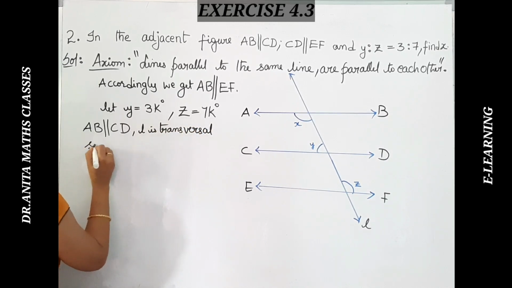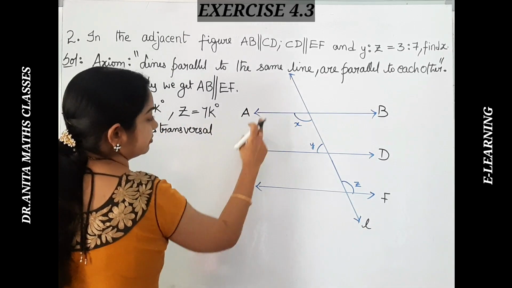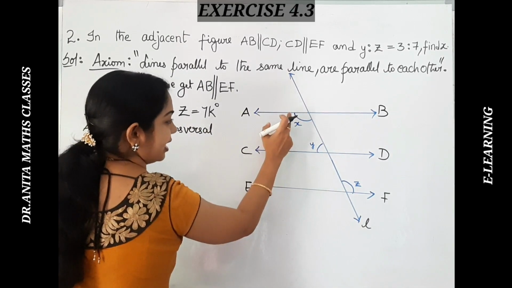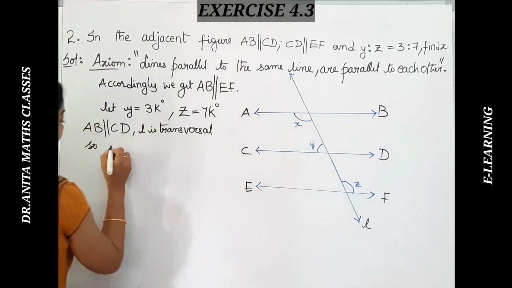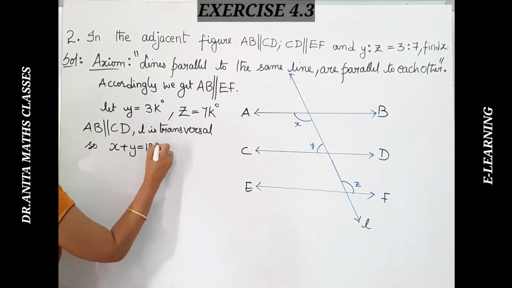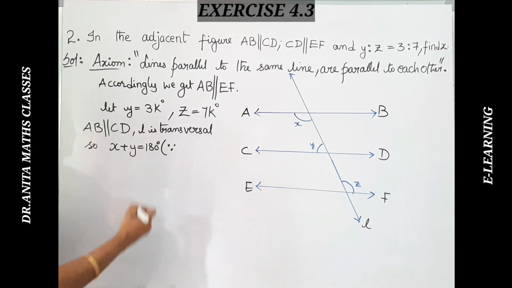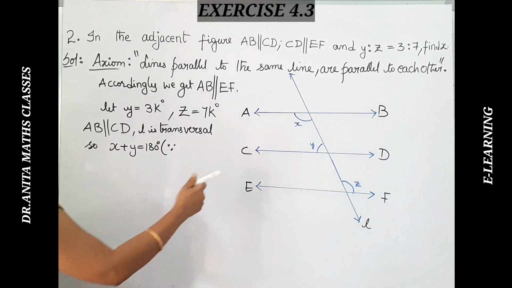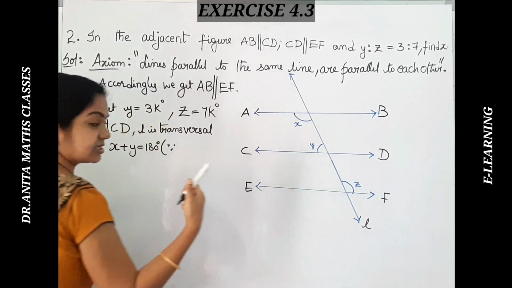So according to that theorem, when two lines are parallel, angle X and angle Y, X plus Y equals 180 degrees, because they are the angles on the same side of the transversal, which are supplementary.